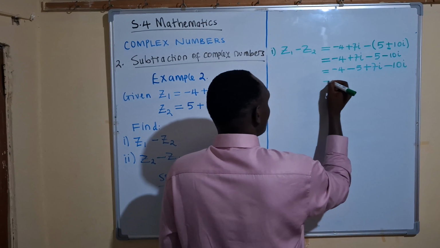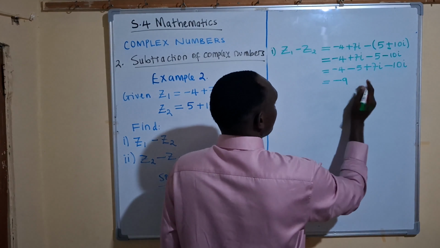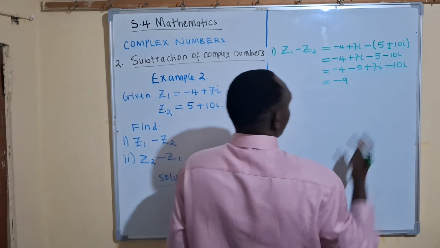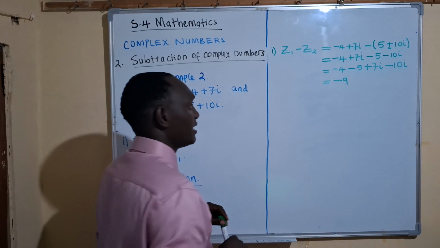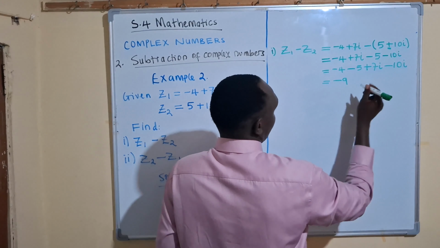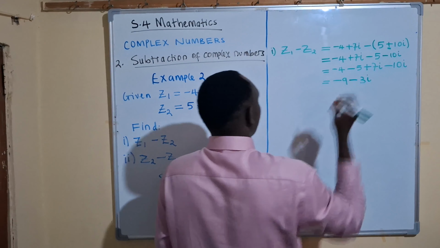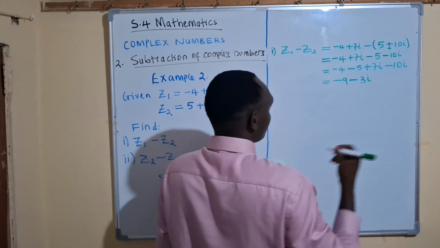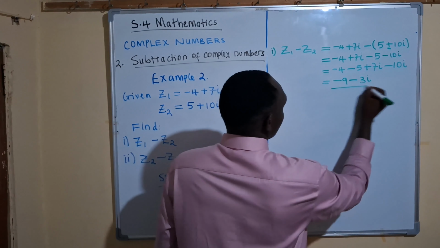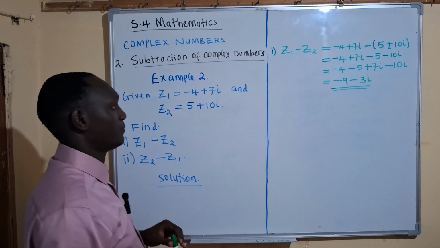On simplifying, you press your calculator. Negative 4 minus 5 is negative 9. 7i minus 10i, if you press your calculator, just say 7 minus 10. It should give you negative 3. Then you attach i after factoring it out. So this is the solution for z1 minus z2.